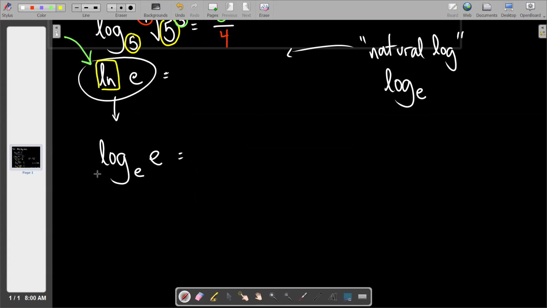This yellow box and this yellow box are literally identical. Okay, so a natural log, ln, is a log with a base of e. So when you look at the problem in this state down here, it's almost silly. E to what power equals e? The answer is 1.